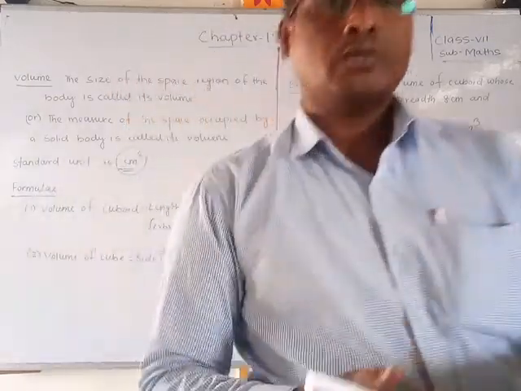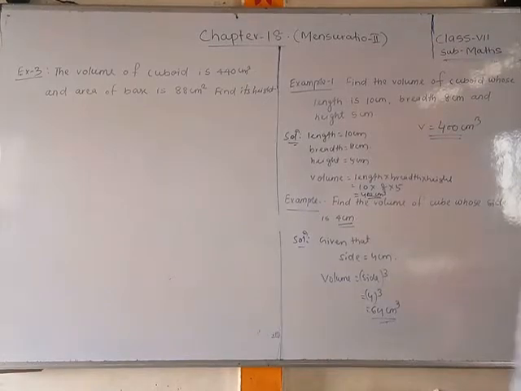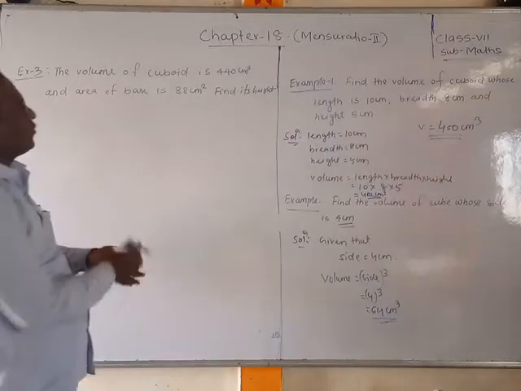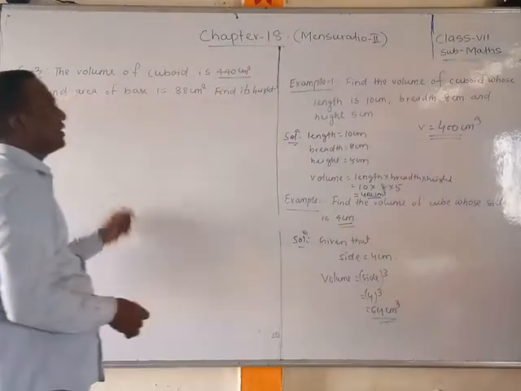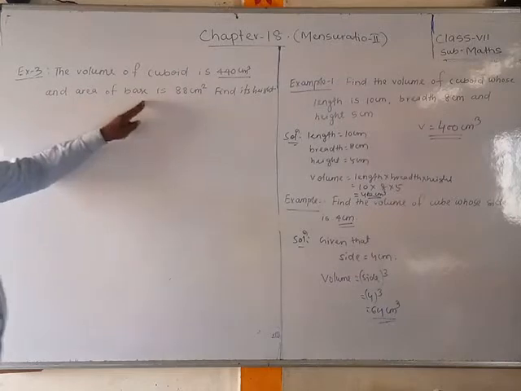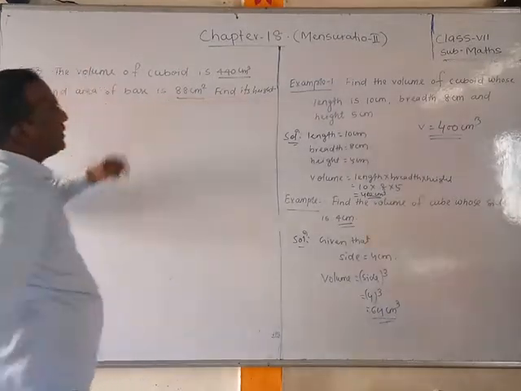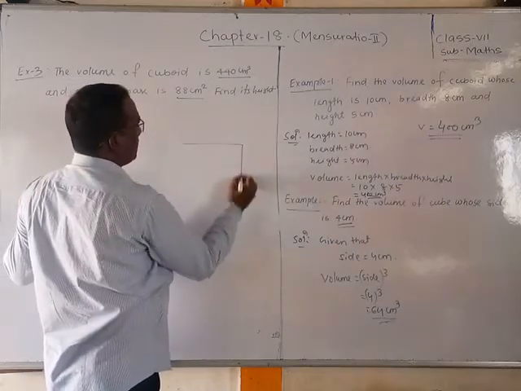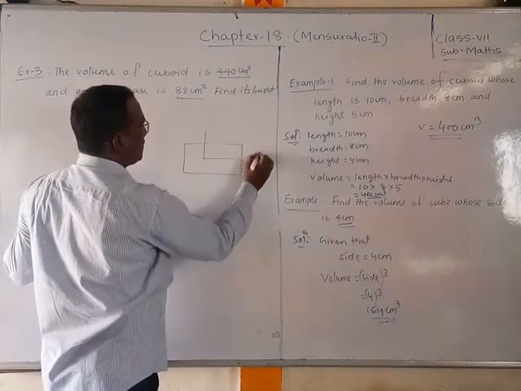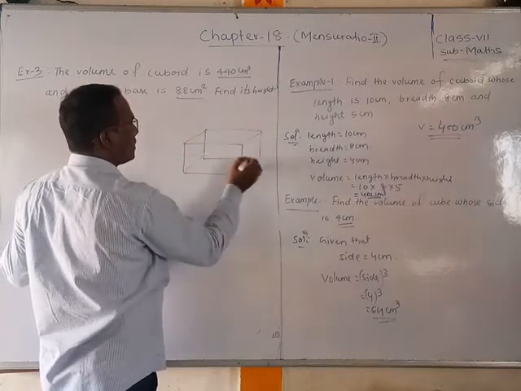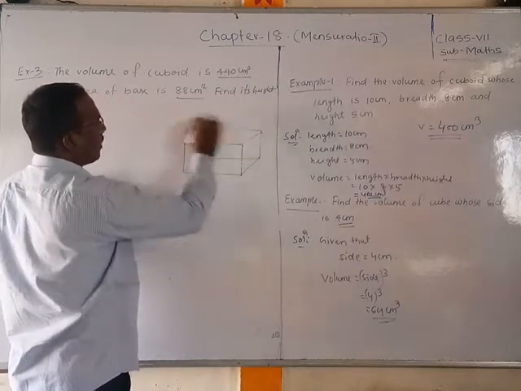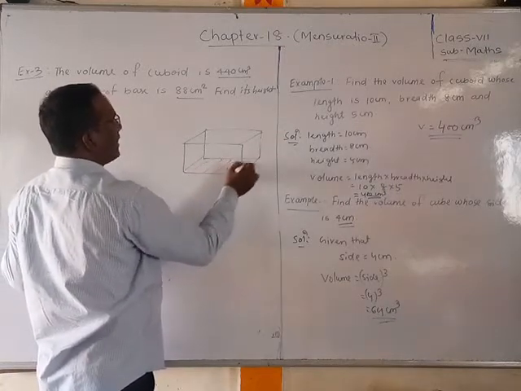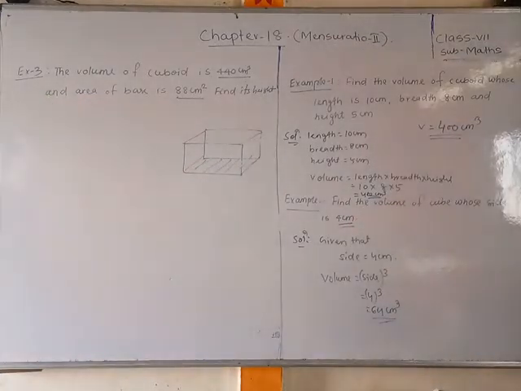Okay students, now look at other types of questions that may be asked to you. The volume of the cuboid is 440 centimeter cube, and the area of the base is 88 centimeter square, and we need its height. So one cuboid is there, and the total volume is given, and the area of the base is also given.